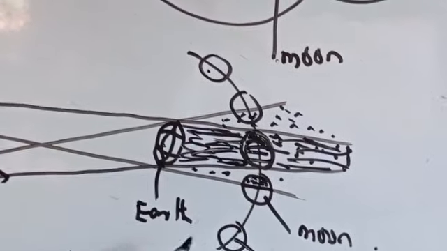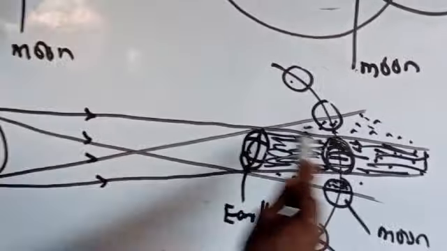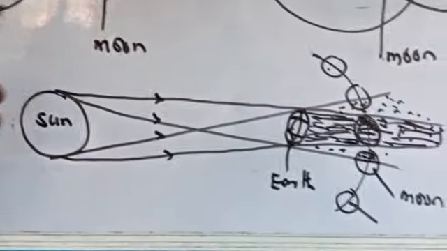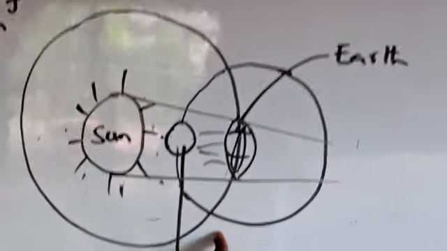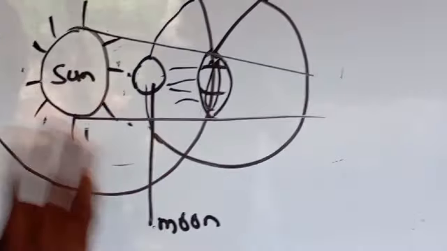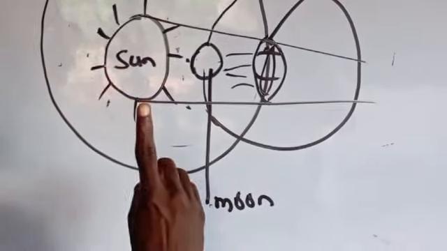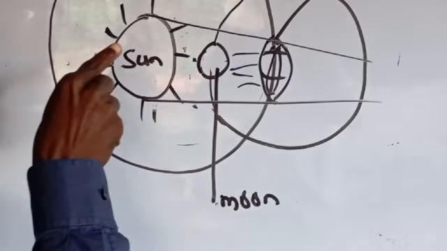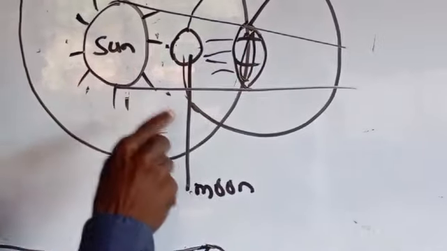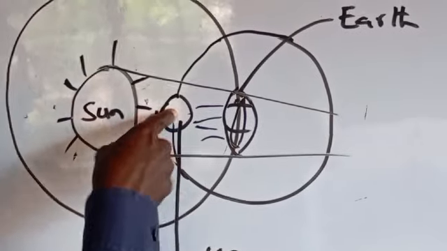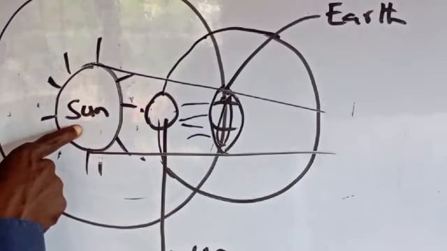So if you look at it now, this is what we call a lunar eclipse, which is the eclipse of the moon. Now, you can get this very clearly. If you look at the earth, the moon, the sun, they are in a straight line already. But now if you look at this condition, the moon is between the earth and the sun.